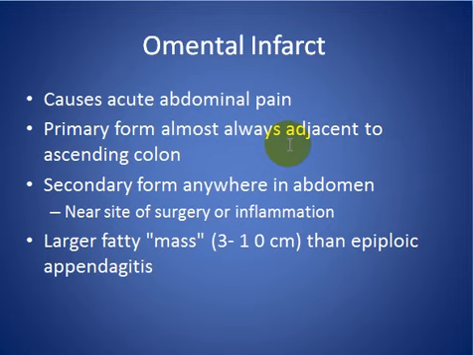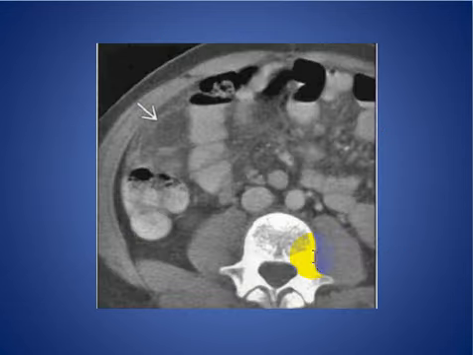Omental infarction causes acute abdominal pain. If primary, it is almost always adjacent to the ascending colon. If it is secondary, it is near the site of surgery or inflammation. It is larger than epiploic appendagitis, around 5 to 10 centimeters.